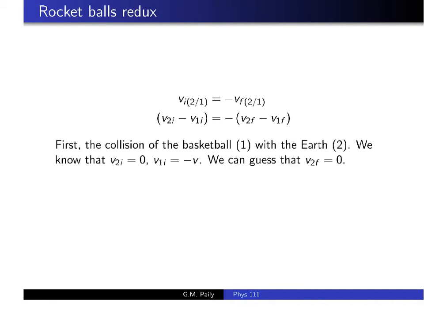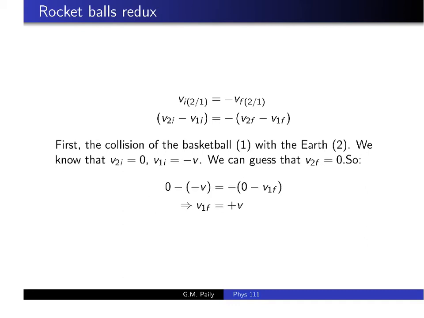First, the collision of the basketball with the earth. We know that v2 initial is 0 and v1 initial is minus v, so that takes care of the left-hand side. And we can guess from experience that v2 final would be 0, that is, the earth doesn't move very much.